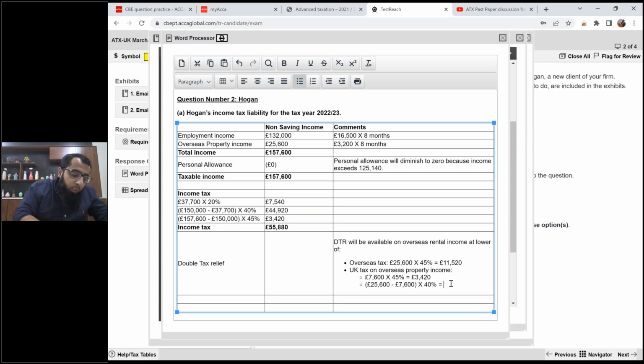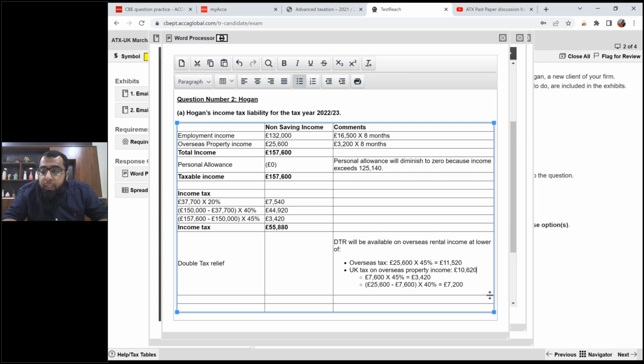So 25,600 minus 7,600, 40% on it. So this is 7,200. So the UK tax on overseas property income is 3,420 plus 7,200, so it's 10,620 pounds.